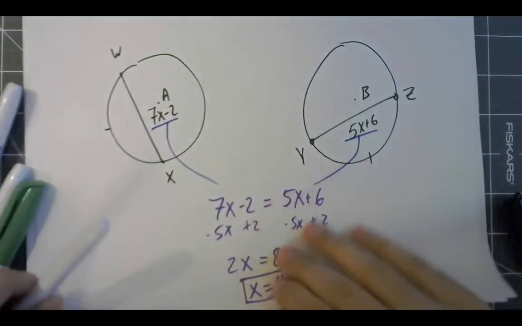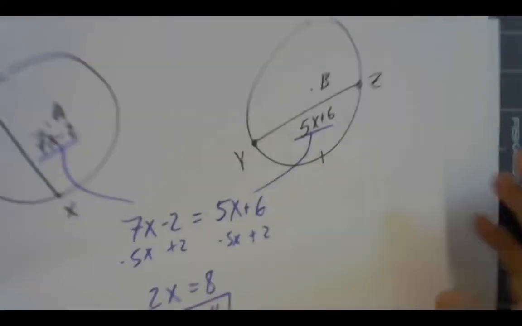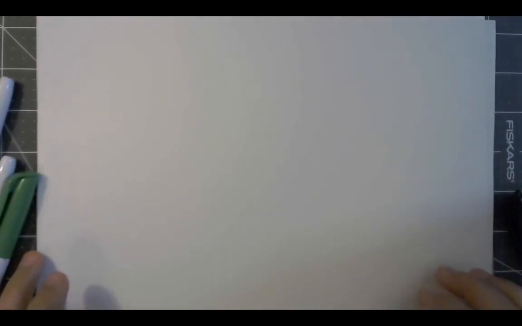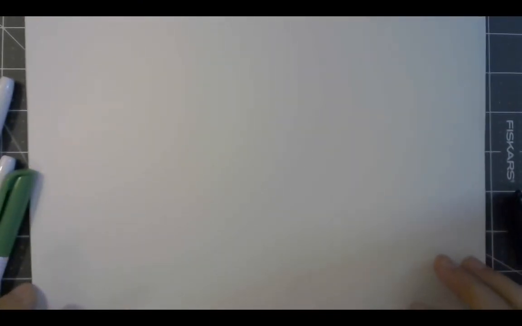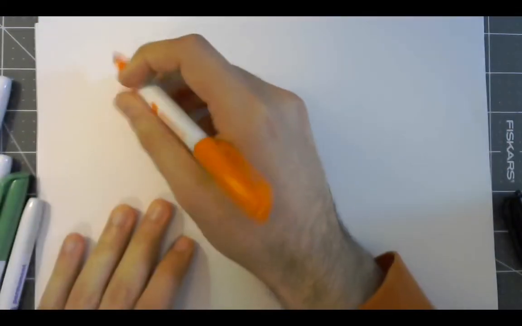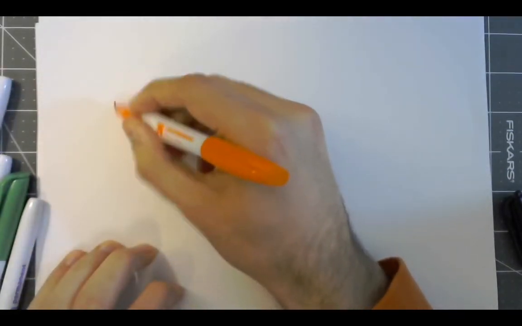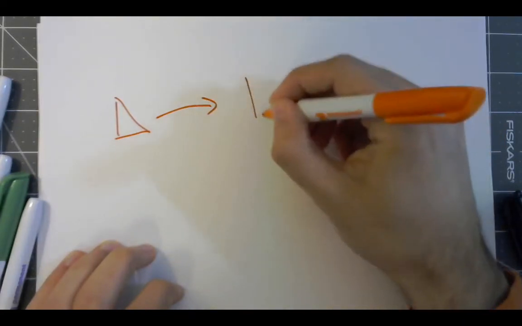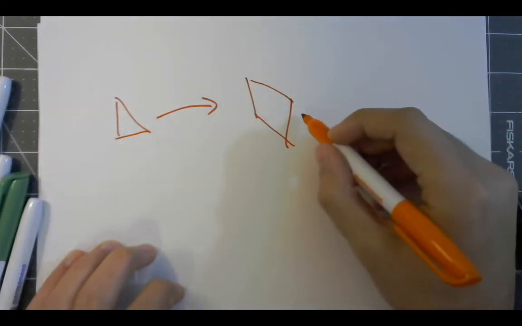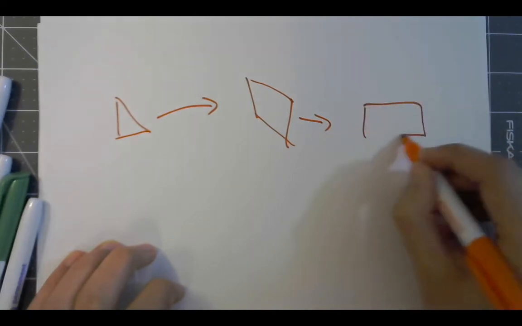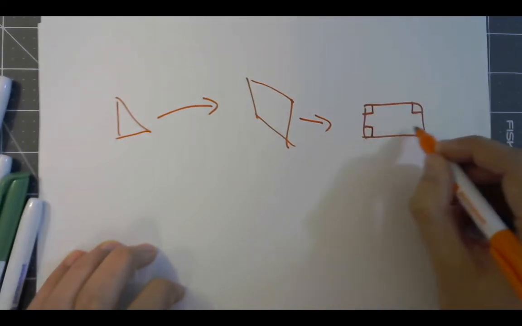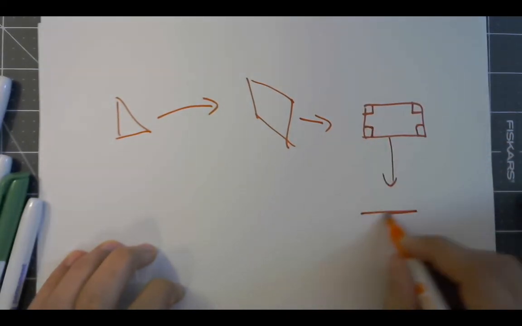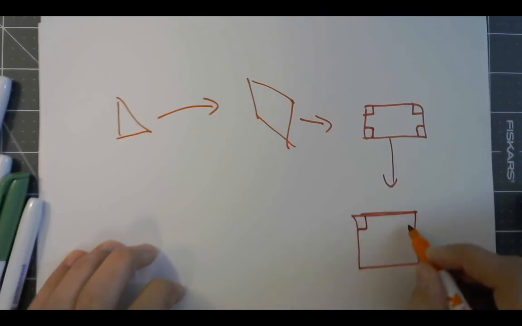Something like this is important, not because you should be memorizing it, but because you should be understanding it. With circles, it's sort of like we started the semester off talking about triangles, then went to quadrilaterals, then rectangles, and eventually squares, where everything started matching.